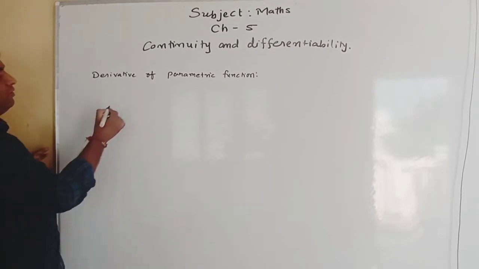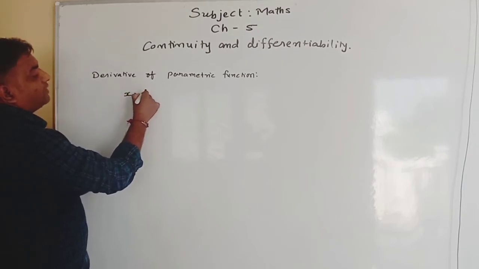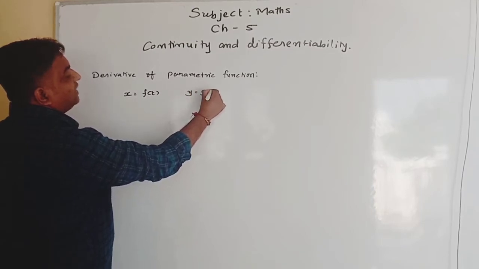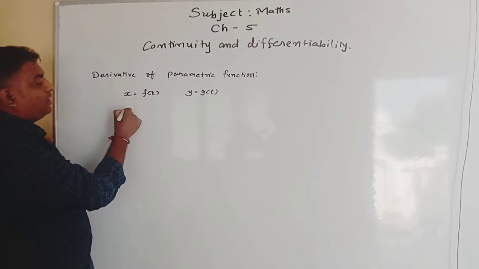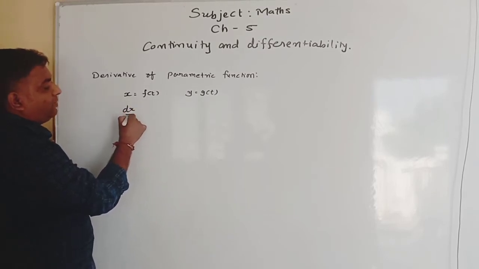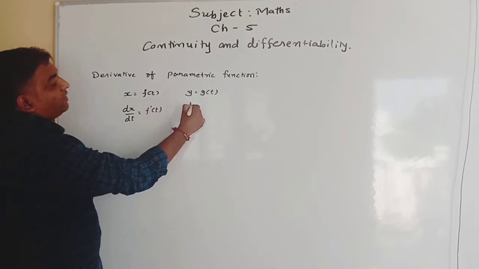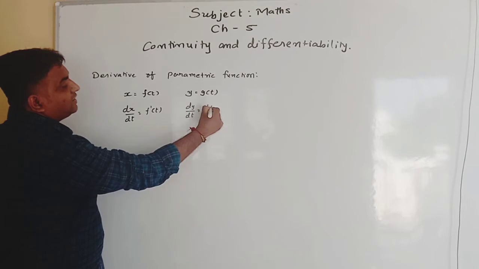Let x be a function of t, f(t), and y a function of t, g(t). Then differentiating x with respect to t, dx by dt will be f dash t, and differentiating y with respect to t, dy by dt equals g dash t.